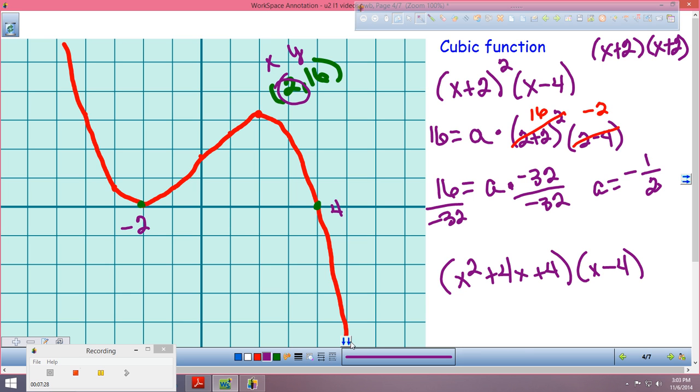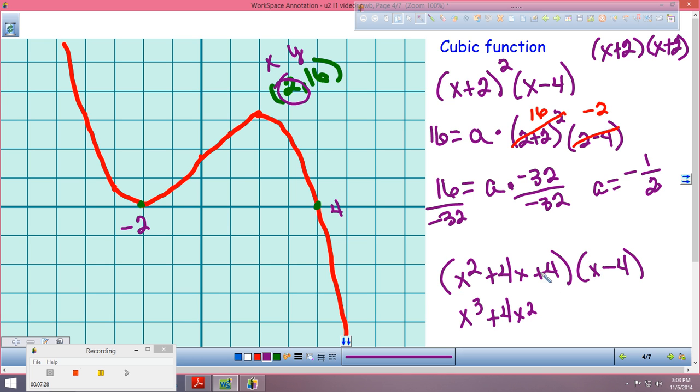When I set it up this way, I'm going to distribute this multiplication of x to each one of these inside of the first set of parentheses. And I'm going to think of this as negative 4 and multiply negative 4 times each one of these in the parentheses. So x times x squared is x cubed. X times a positive 4x is plus 4x squared.